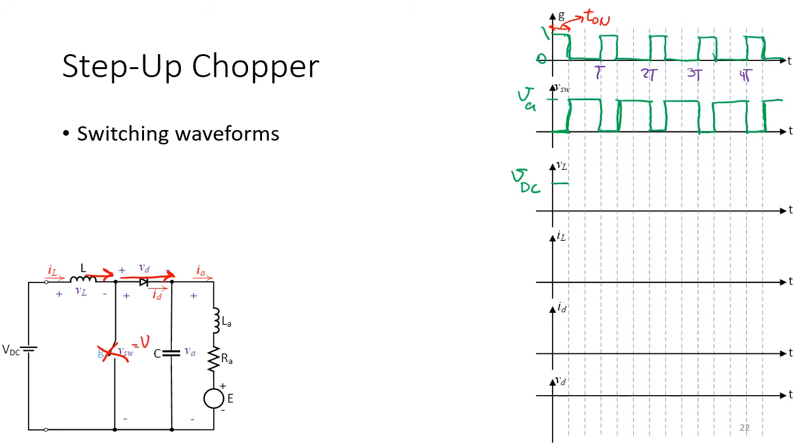Here we have VA and here we have VDC. So VL during this time will be equal to VDC minus VA. Is it clear to everybody?